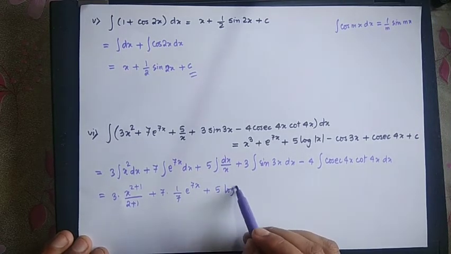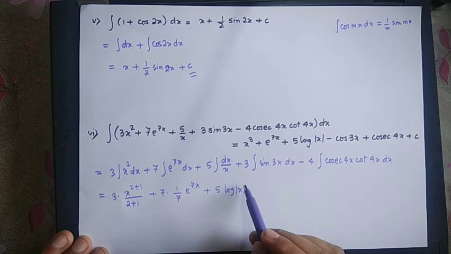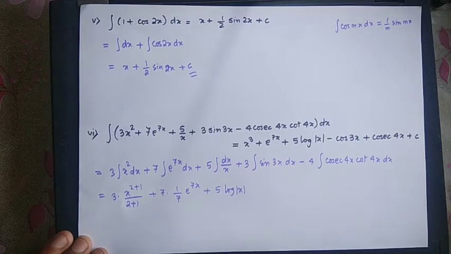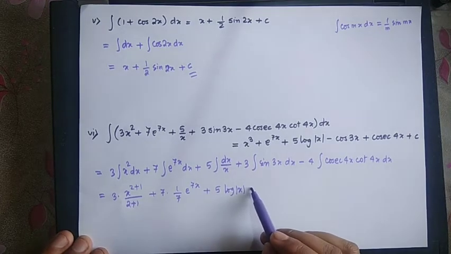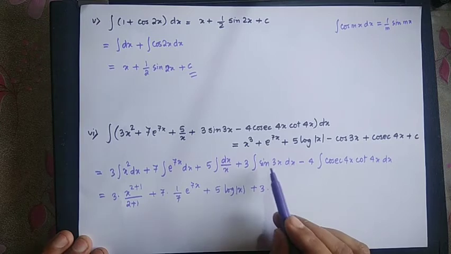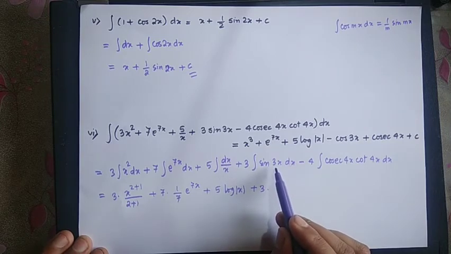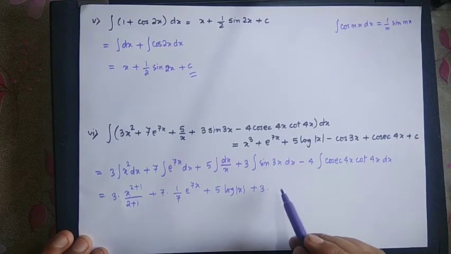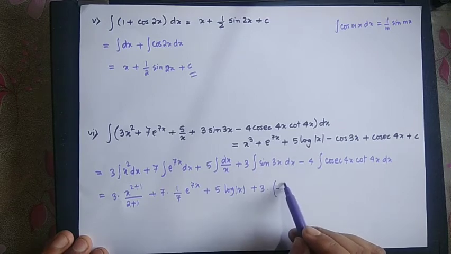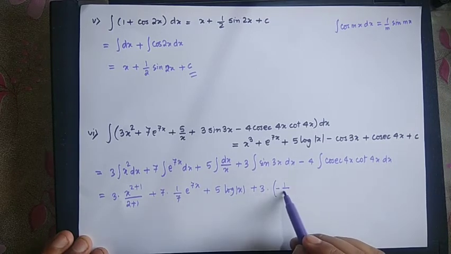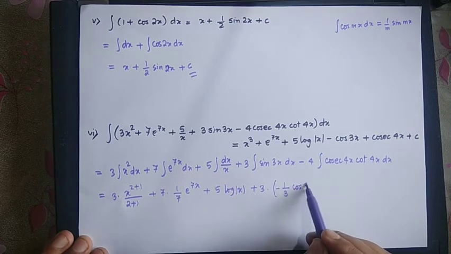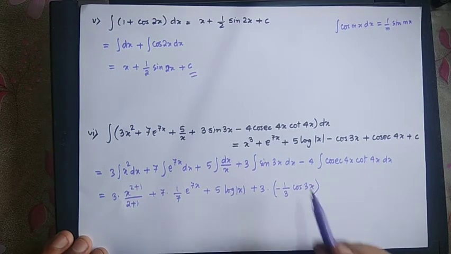It is log of mod x. Why mod sign? Because within a logarithm we always need to have a positive quantity, so that's why I'm putting a modulus over there. So 3 into the integral of sine mx will be minus 1 by m, m is 3, cos mx, that is 3x, right?